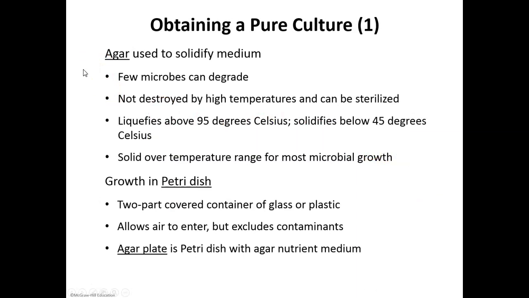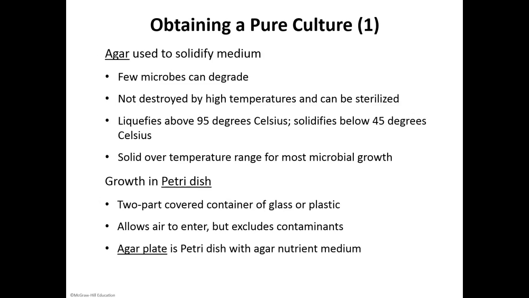So agar comes from algae, and it is used to solidify media. Most microbes can't degrade agar, whereas they can degrade jello or gelatin. Agar is not destroyed by high temperatures, and because of that, it can be sterilized.